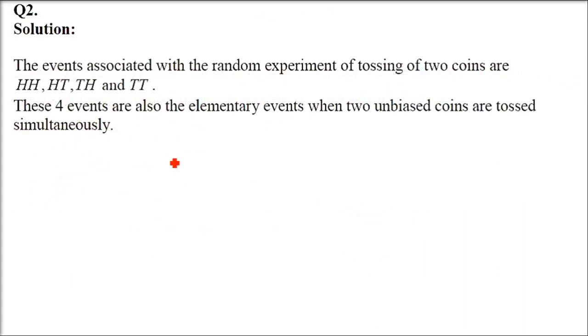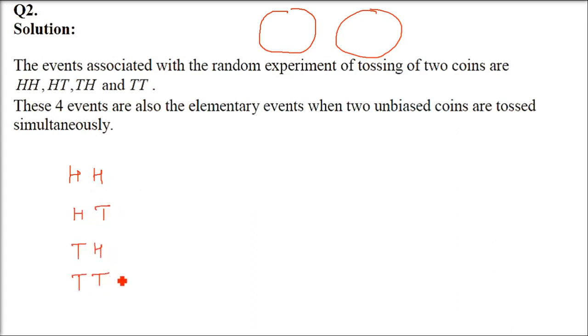This is question number 2. List all events associated with the random experiment of tossing of two coins. How many of them are elementary events? First, we have already seen that when a coin is tossed twice, or two coins are tossed simultaneously, the output will be either HH, HT, TH or TT.